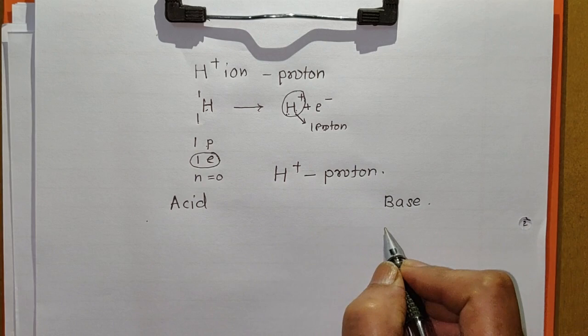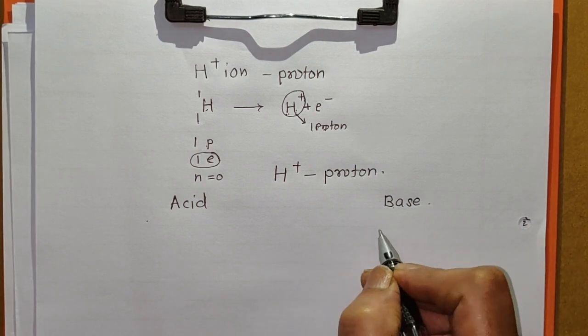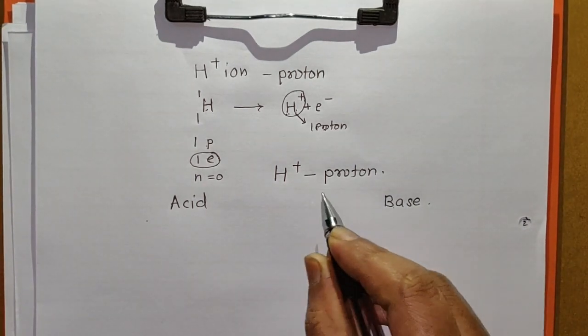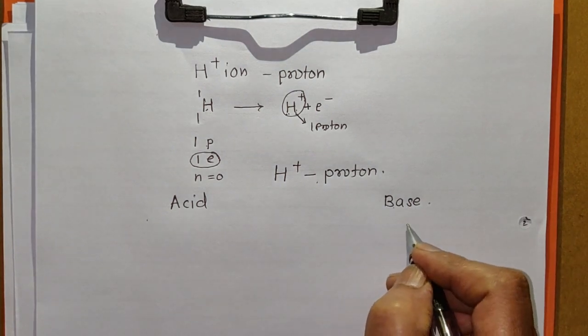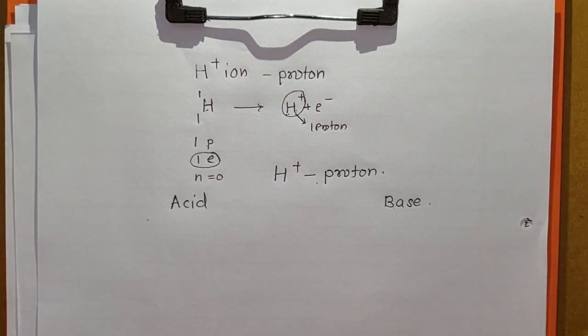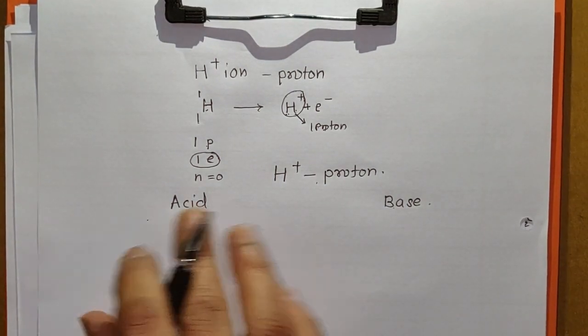And a substance which can accept a proton, that is H plus ion, from another substance is called a base. There are no other conditions for it.